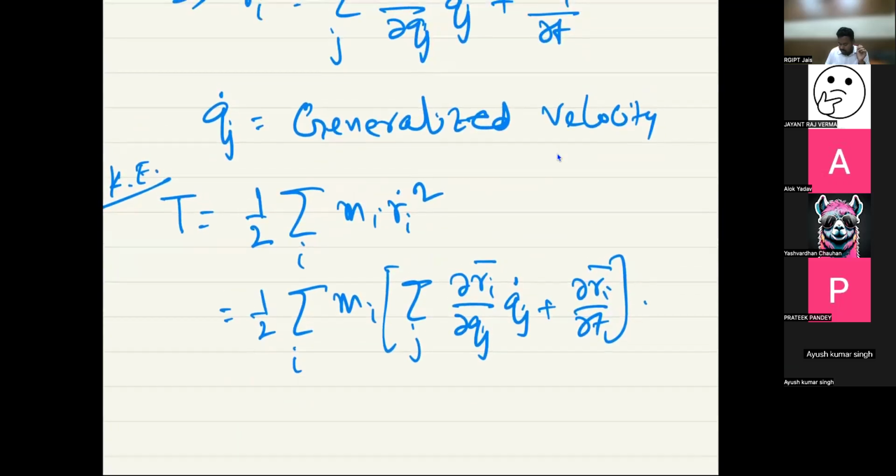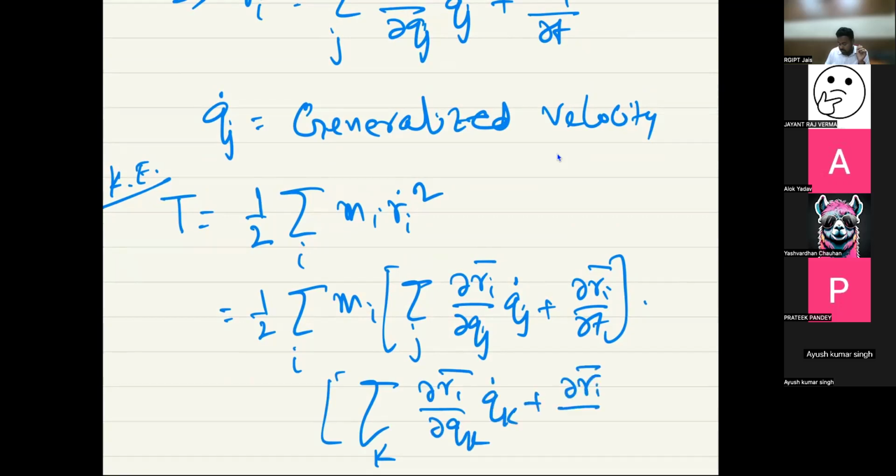This is ri dot square, so you have to open another bracket: the sum over k of del ri by del qk times qk dot, plus del ri by del t. I have only changed the index: in the first case I kept it j, and in the second case I changed it to k. These are just dummy indices. So you should find the expression for the kinetic energy using this. Can you do this at home, or can you try?